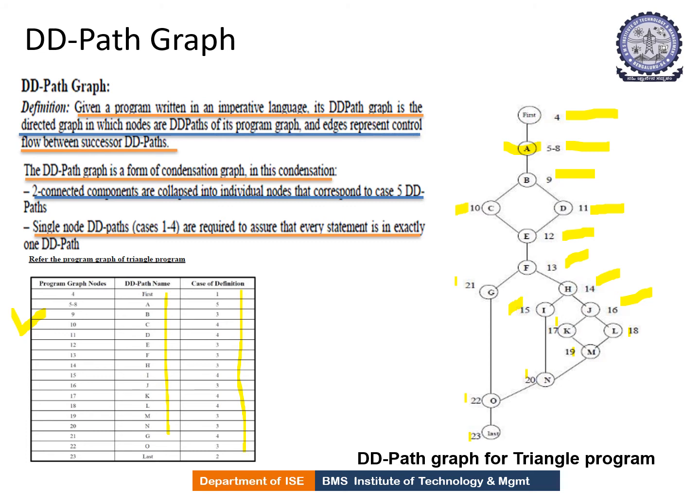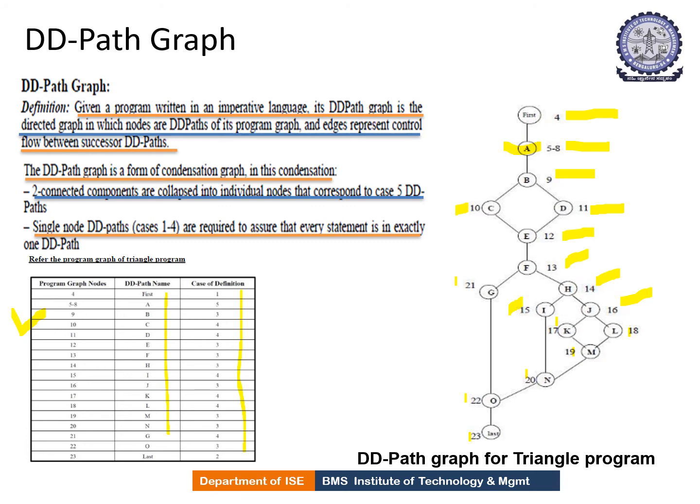In order to arrive at this DD path graph, the 5 cases are very important. Case number 1, in degree is equal to 0. Case number 2, out degree is equal to 0. Case number 3, in degree is greater than or equal to 2 or out degree is greater than or equal to 2.